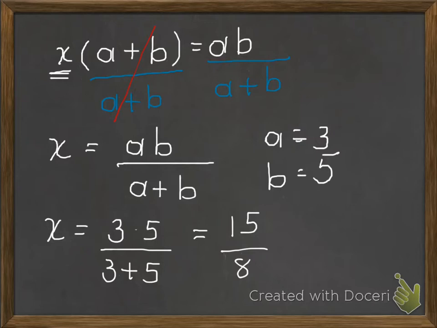This is how long it takes them to do the job together. So now that you understand how to get this simpler formula, you can use this formula when you do these kinds of working together problems.